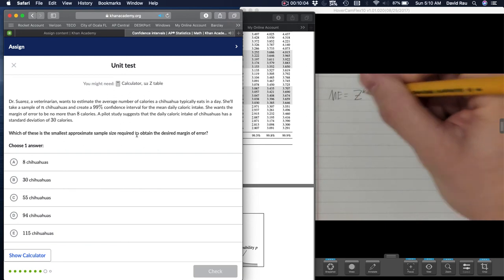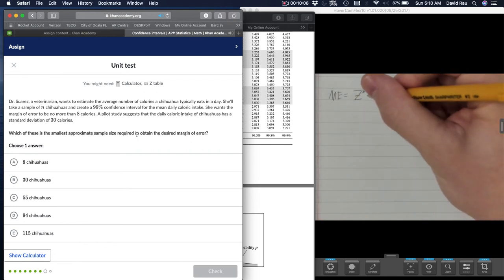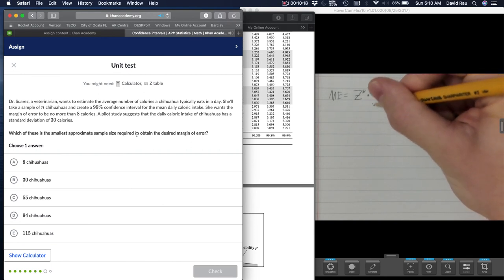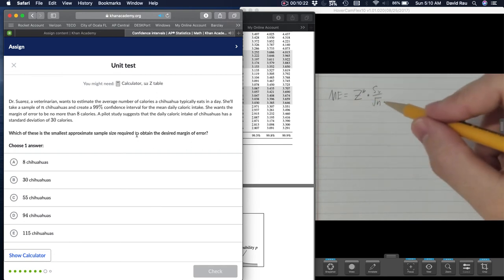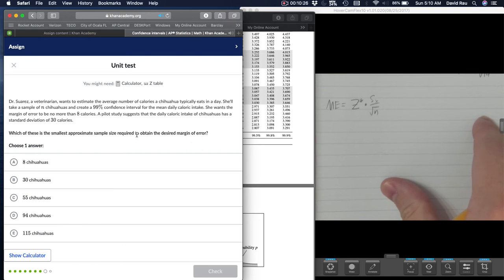When you're looking for a particular margin of error, it's always a z-value. And then, since it's a mean, it's your given standard deviation over the root of n. That's what the margin of error is, the second half of your confidence interval after the plus minus.